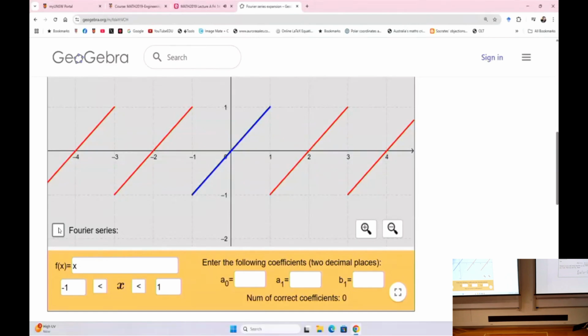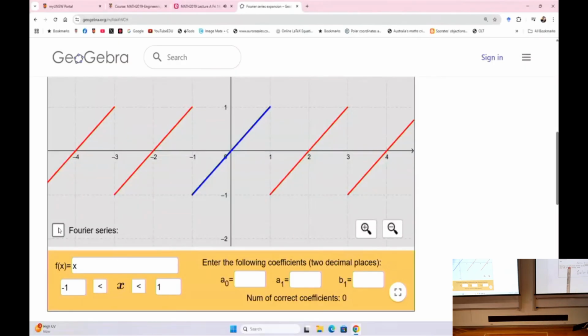Okay? So in this situation, we need to extend the domain of the function so that it's an odd function or an even function and it's got a period of 2. Okay? So that's the first thing that the question is asking us.